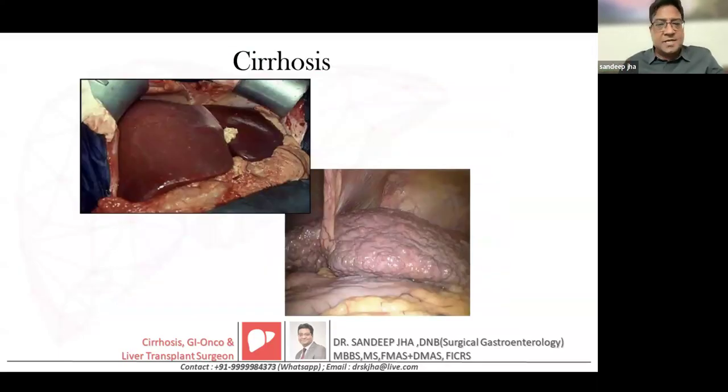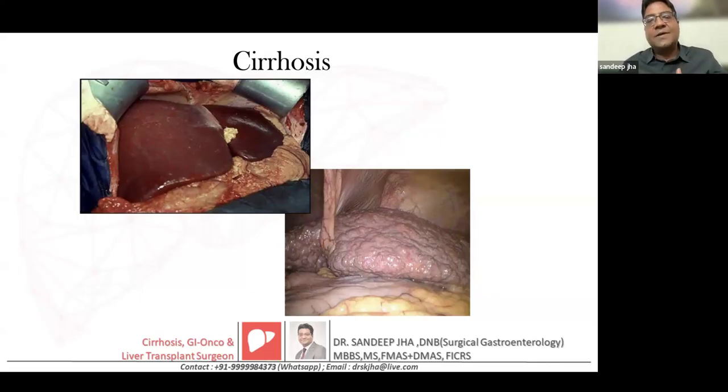So what is the problem? This picture I have taken to denote what exactly is the problem in cirrhosis. On the left-hand side, the liver is very smooth and has a good color. This is what a normal liver looks like. The picture on the right is a cirrhotic liver.